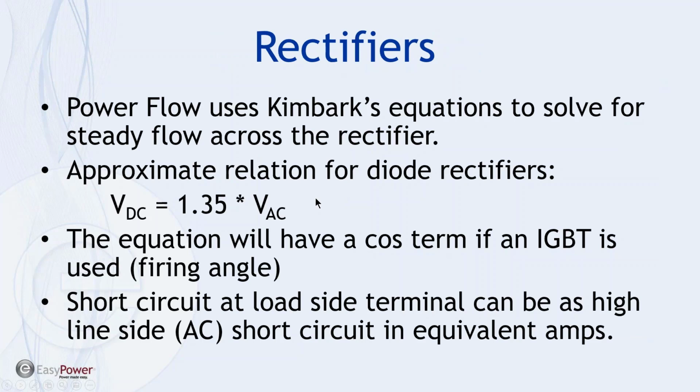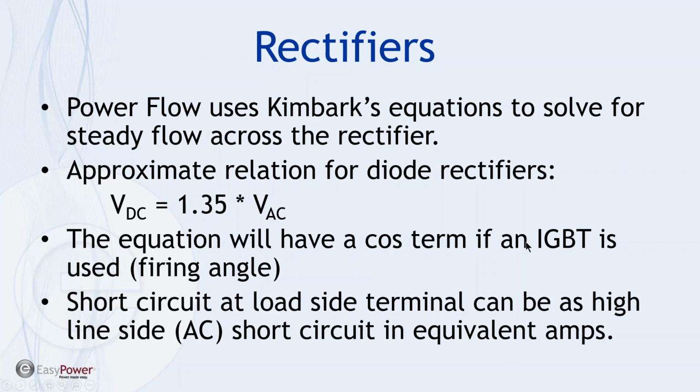Rectifiers, on the other hand, are a little bit different in that they can be either diodes or switched elements. The approximate relation for a diode rectifier, the DC voltage is approximately 1.35 times the AC voltage.